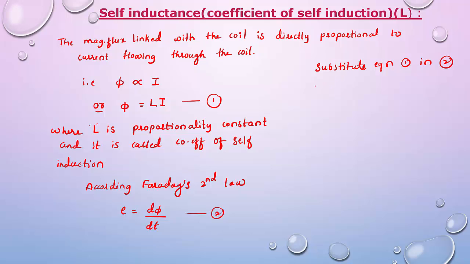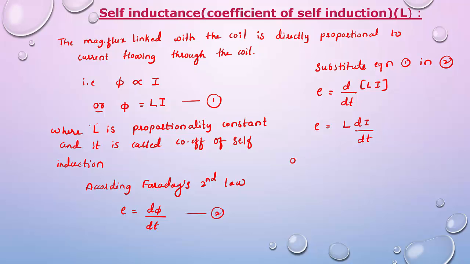What is equation 2 here? Equation 2 is E equal to d phi by dt. d by dt keep as it is. Phi means what? L into I. Now differentiate this value. L is the proportionality constant, this is a constant. We cannot differentiate it, take it outside. Remaining is di divided by dt. So E equal to L into di by dt.